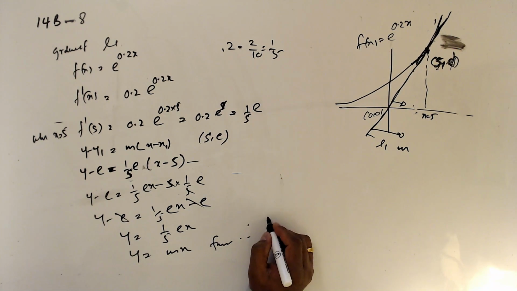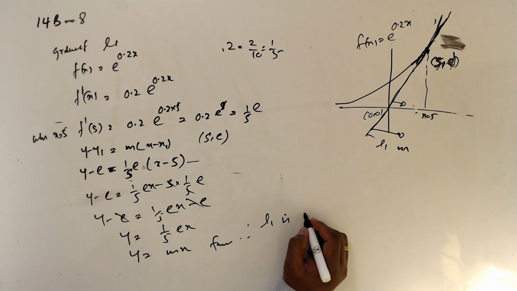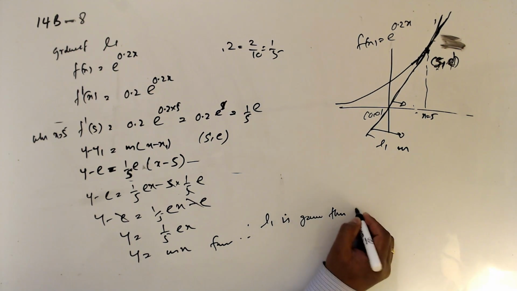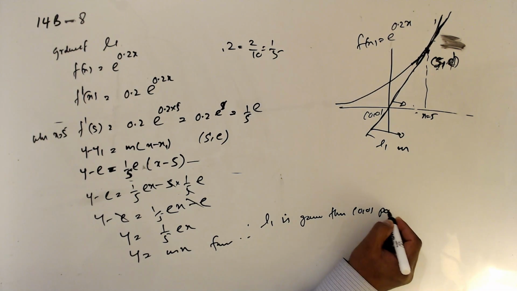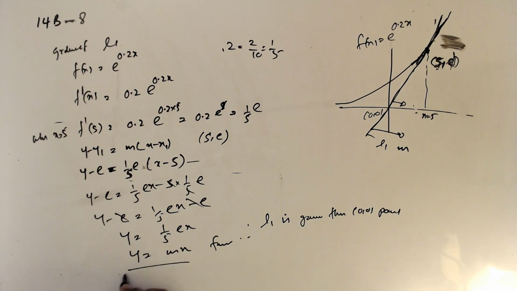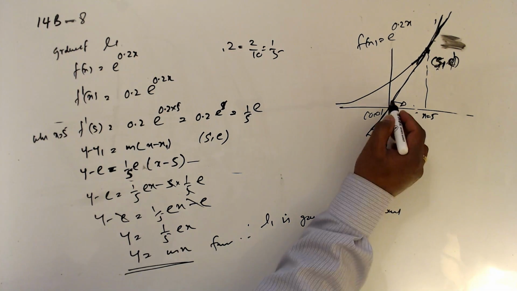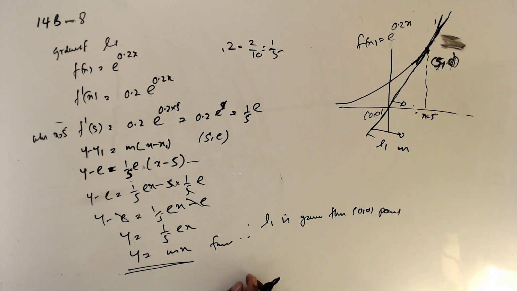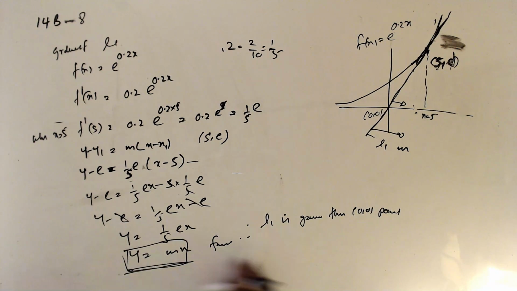Hence L1 is going through the 0 point, because y equals mx type of graph is a linear line which goes through 0, 0. So that is y equals mx.